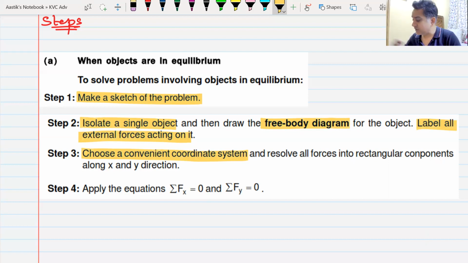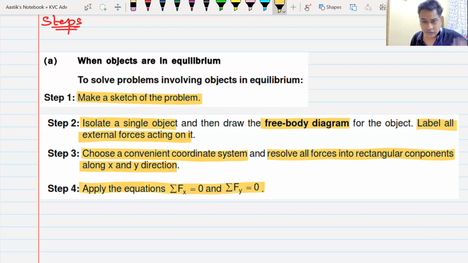Now when you choose the coordinate system, you have to resolve all the forces along the x and y direction. Once you have the coordinate system, not all the forces would be acting along the chosen axes, so you'll have to resolve them along the chosen coordinate system. Then you apply net force on the x-axis is 0, or whatever forces are on the positive x-axis, the same forces must be on the negative x, so they must equate.